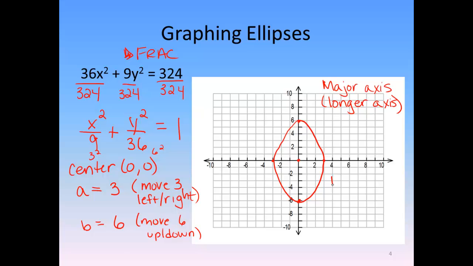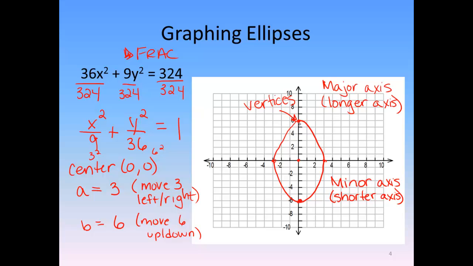You also have something called the minor axis. And the minor axis is the shorter axis. In this case, it's along the x-axis. At the ends of each one of these axes, we have things that are called vertices.